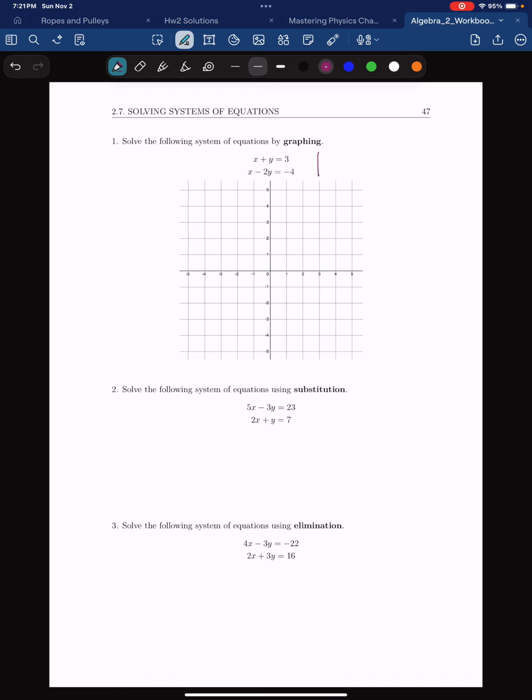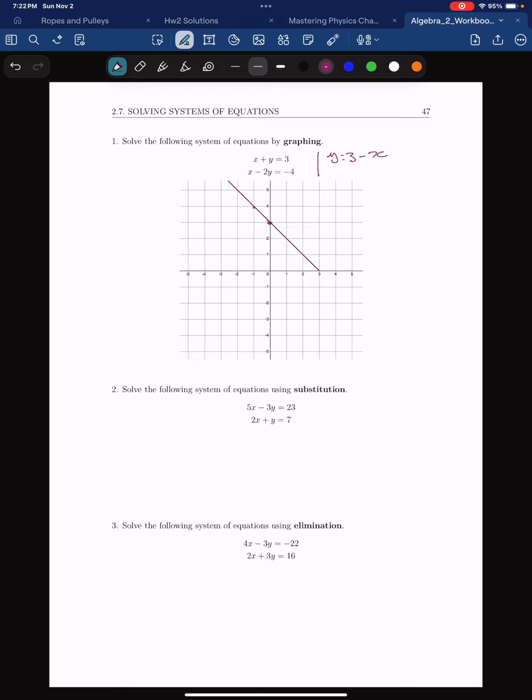To solve it by graphing, to make it easy for me, convert to slope-intercept form, y equals 3 minus x. So I know that this is my line. My y-intercept is positive 3. My slope is minus 1. So I move to the right one, go down 1. Two points make a line.